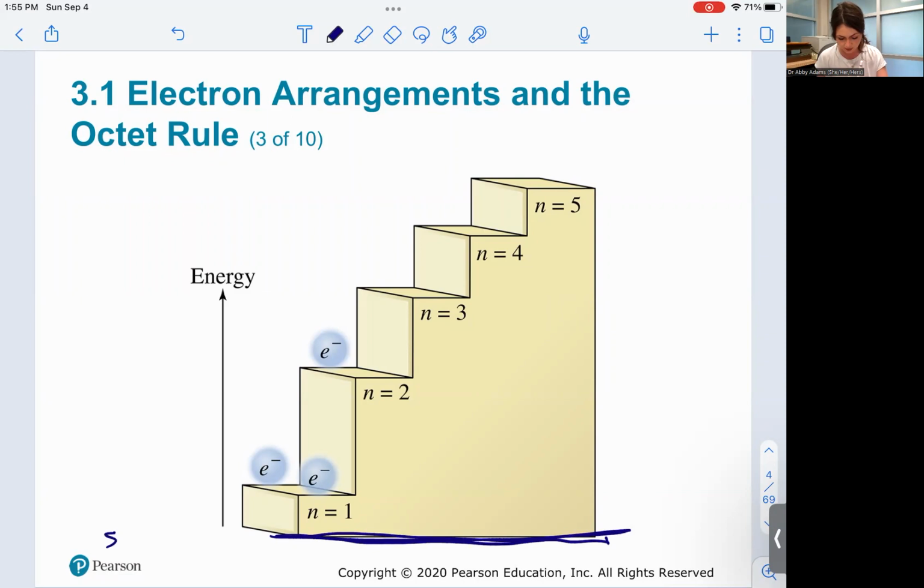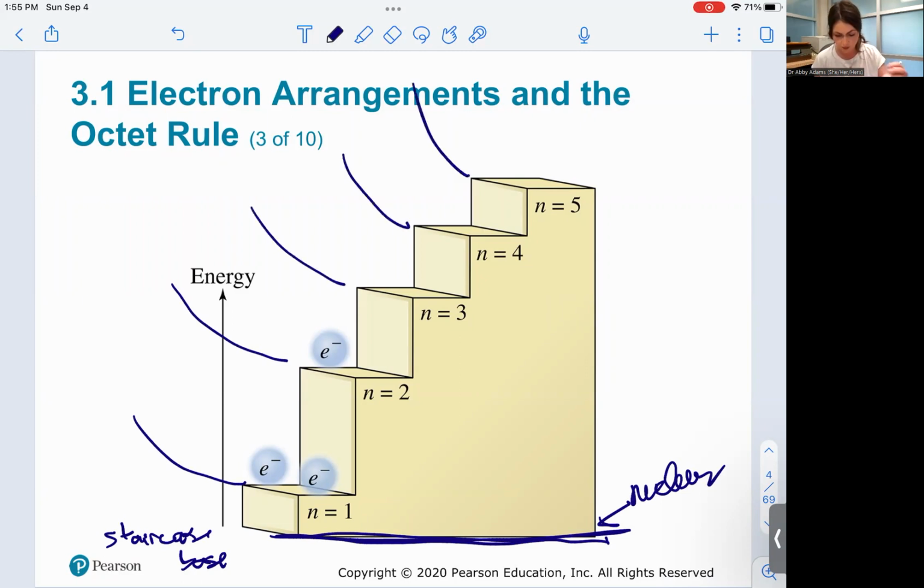Maybe you want to think of these stairs as more circular. These are energy levels, principal energy levels, and these are where the electrons are going to sit.